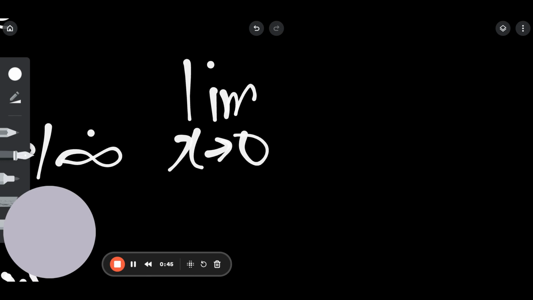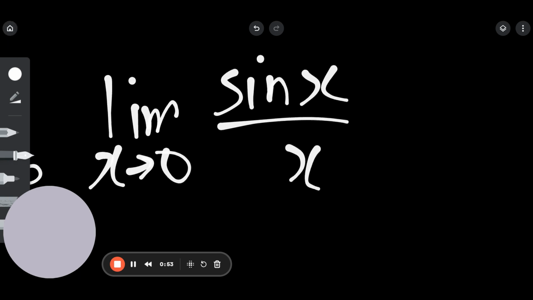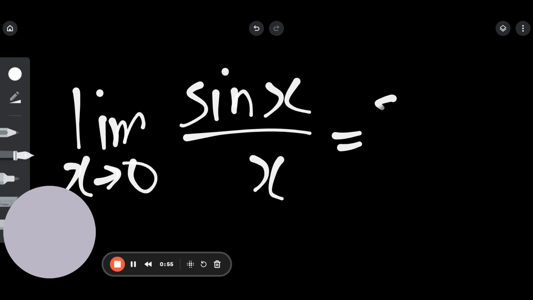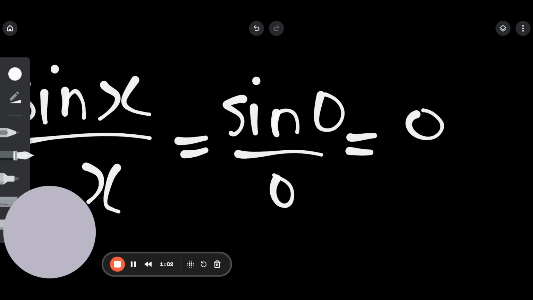Let's say you have the limit as x approaches 0 of sine x over x. Now, the first step to any problem like this is to first try plugging in, obviously, right? So you get sine of 0. What's sine of 0? Sine of 0 is just 0. So you get 0 over 0.